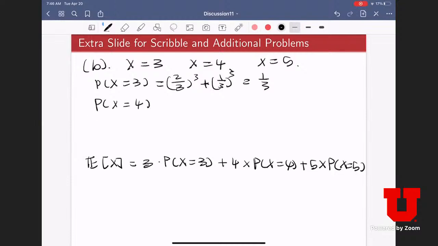Yeah, and then let's think about x equal to 4. How would you write this probability?